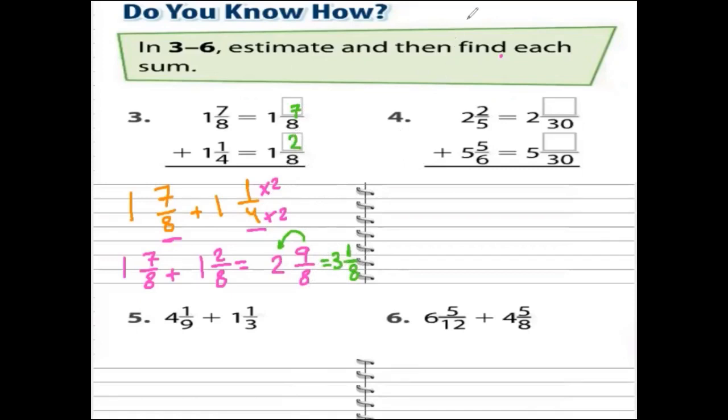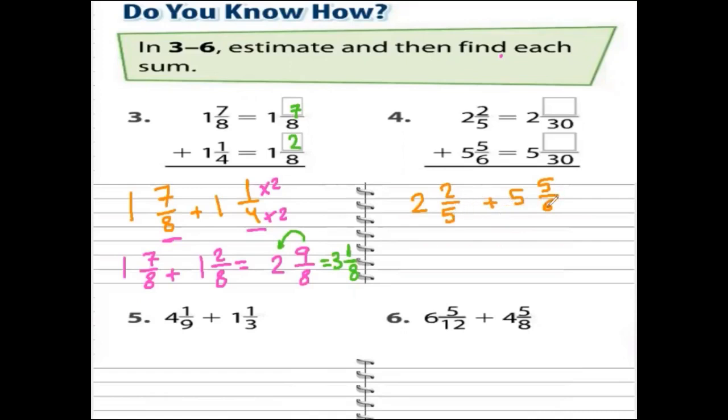Move to the second question in exactly the same way. I'm going to write it here: 2 and 2 over 5 plus 5 and 5 over 6. I'm going to add both of them. Okay, mister? Take a look here. The 5 and 6 are different. What should I do?